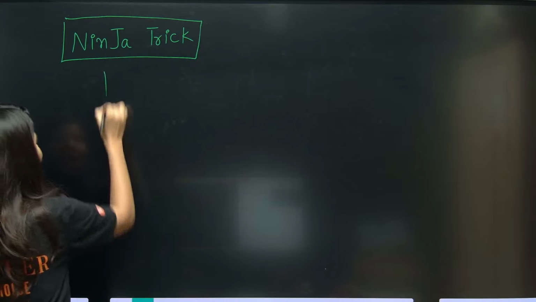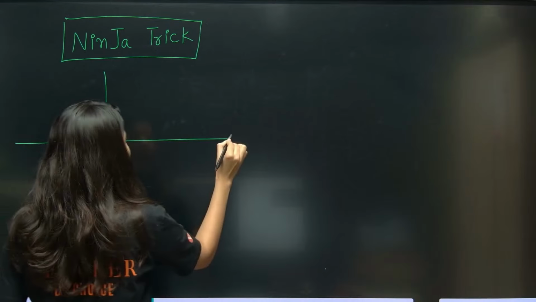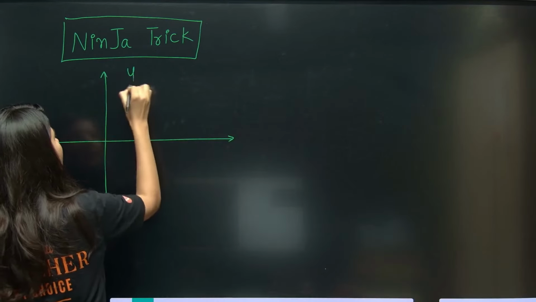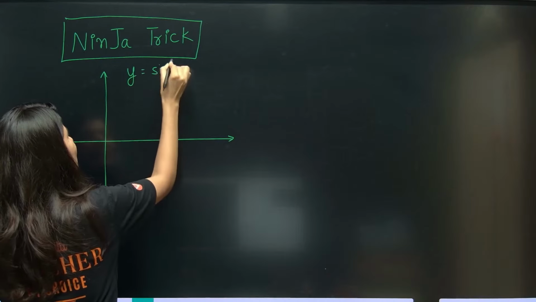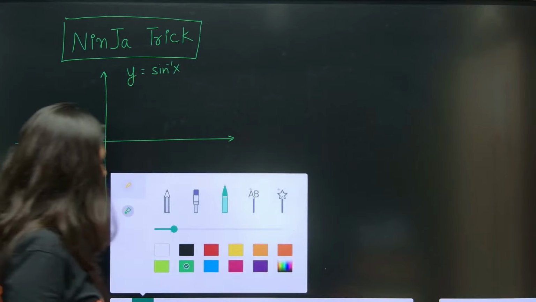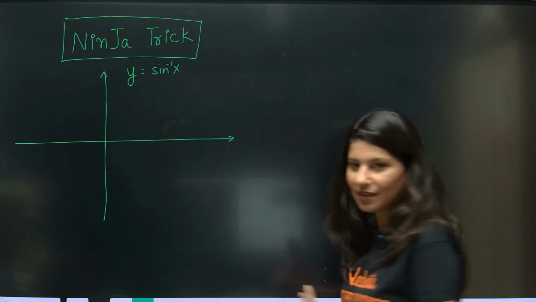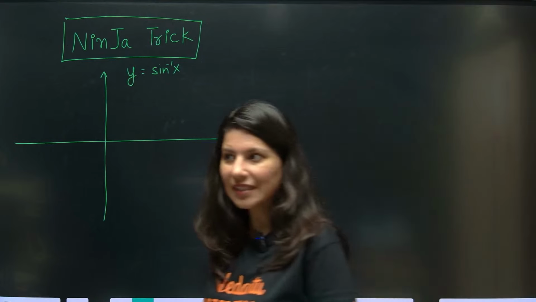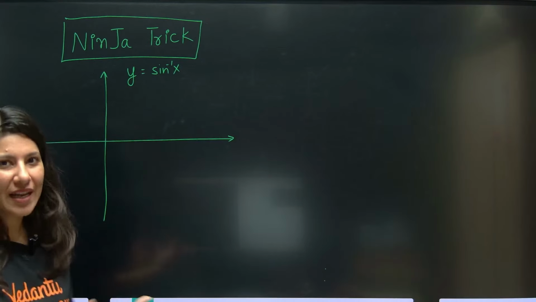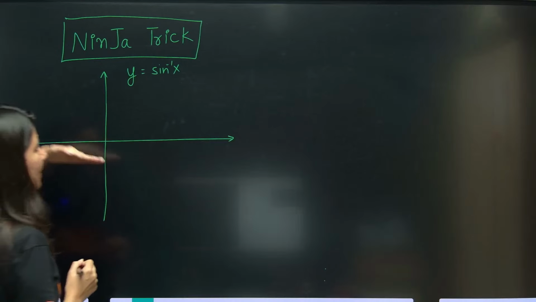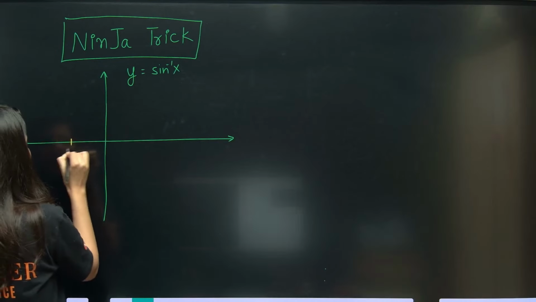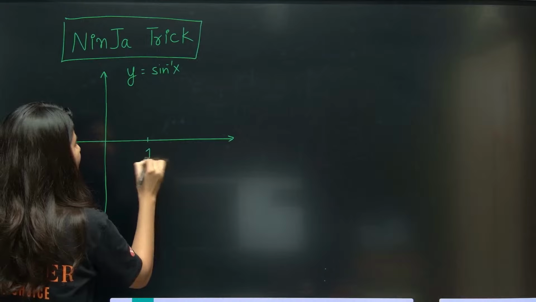One thing you have to do. y equals sin inverse x. This particular graph you have to remember. I think the domain and range is also clear. For sin inverse x, the domain is minus 1 to 1. So this is minus 1, this is plus 1.